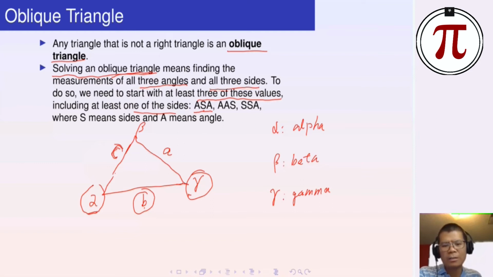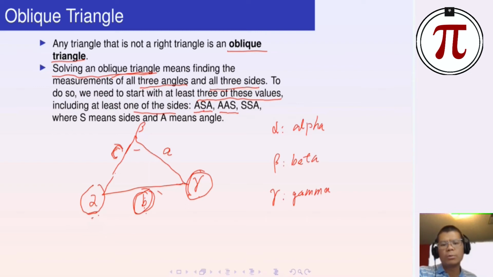So alpha is an angle, B is the side, gamma is another angle. Or AAS means angle, angle, side: you know alpha, you know gamma, and you also know A, right? Angle, side, or side, angle, all right? You cycle like this.